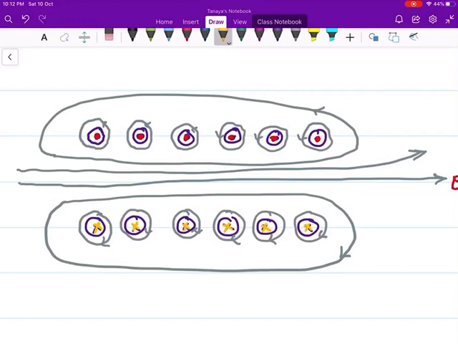I have shown the magnetic field lines. Inside, the magnetic field is uniform. That is, the magnetic field lines will be evenly spaced. We have evenly spaced lines to show a uniform magnetic field. And outside, the magnetic field is nearly zero because we are considering an ideal solenoid.